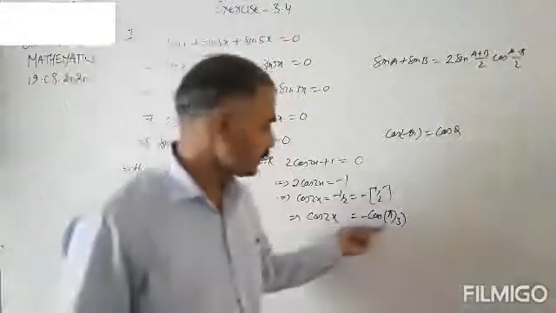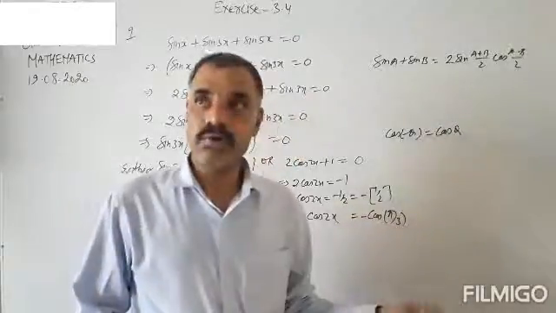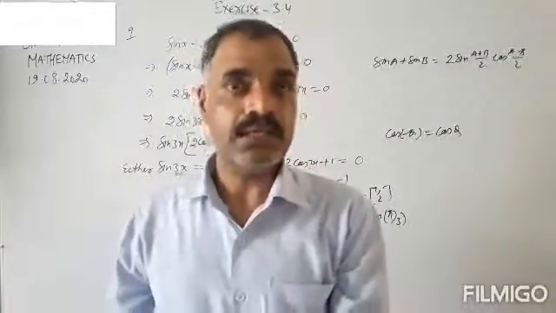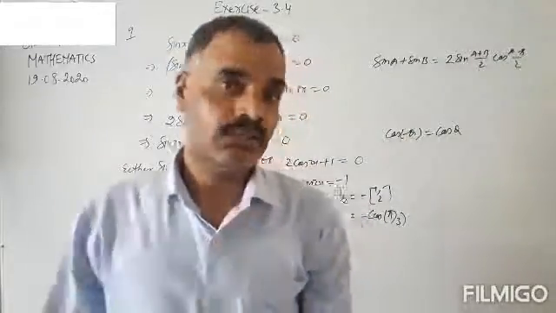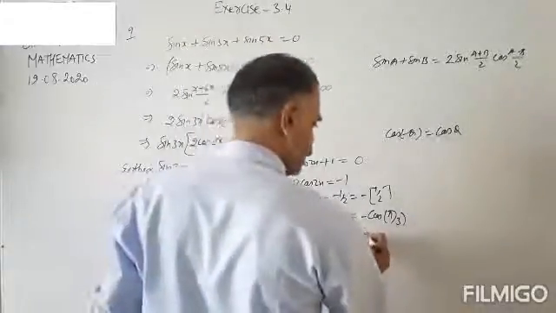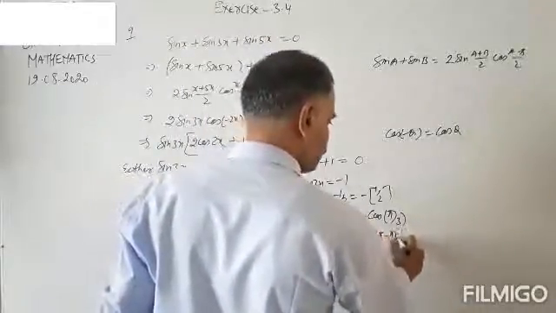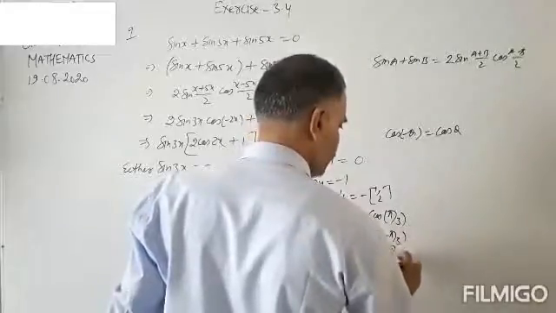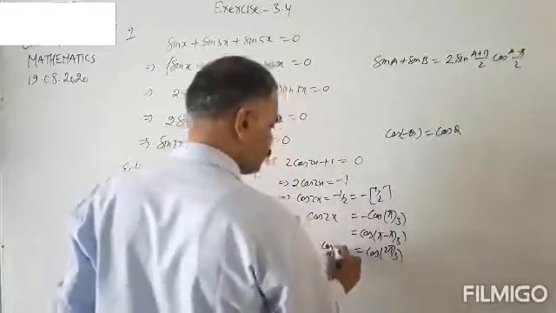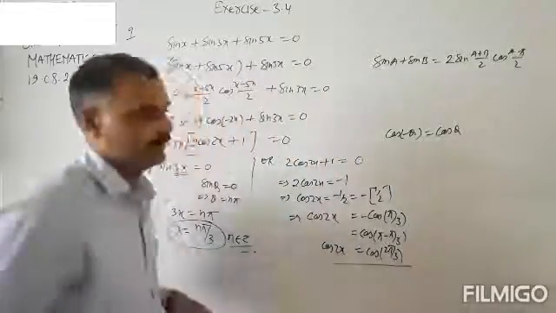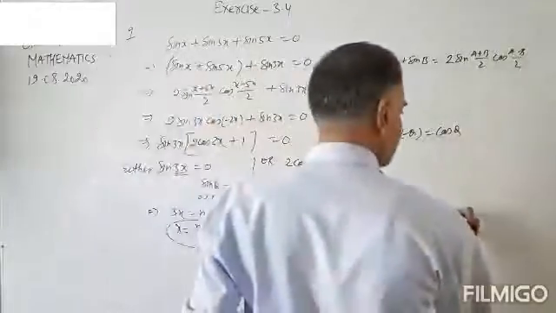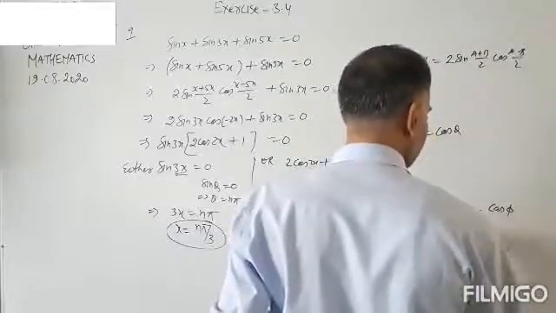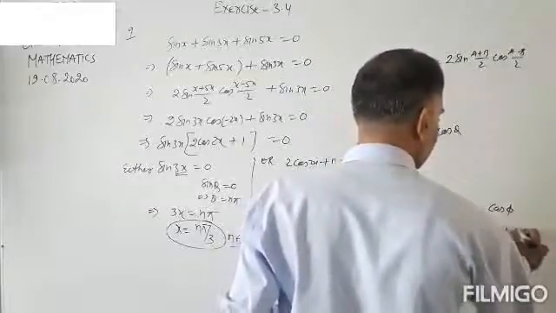Now it is negative cos, and negative cos means cos lies in the second quadrant or third quadrant. So in the second quadrant, cos of (pi minus pi by 3), that is cos 2 pi by 3. Cos 2x equals cos 2 pi by 3, and cos theta equals cos phi implies theta equals 2n pi plus minus phi.